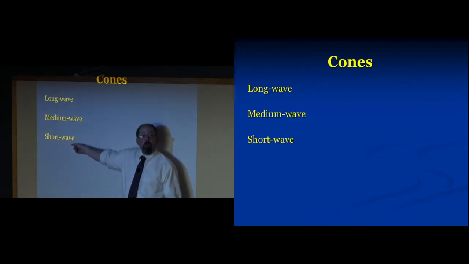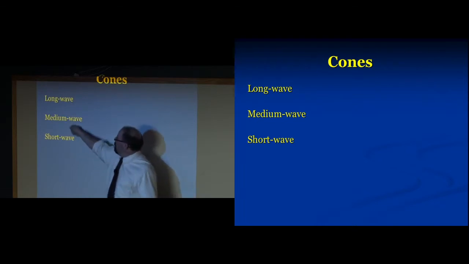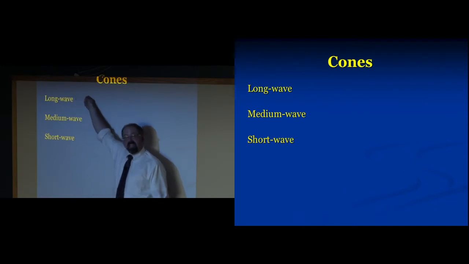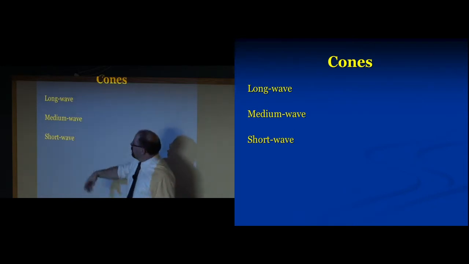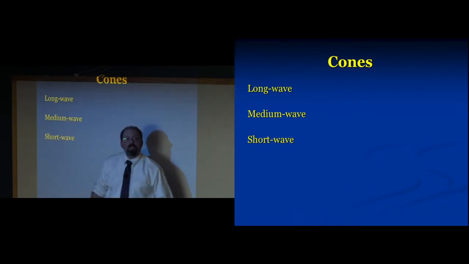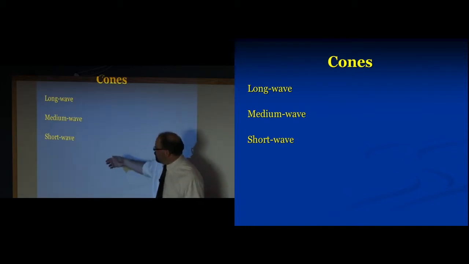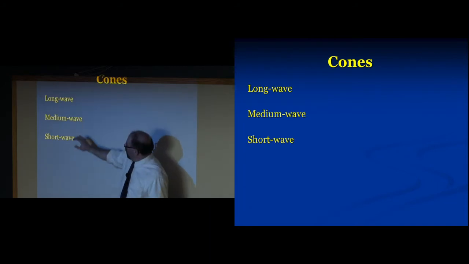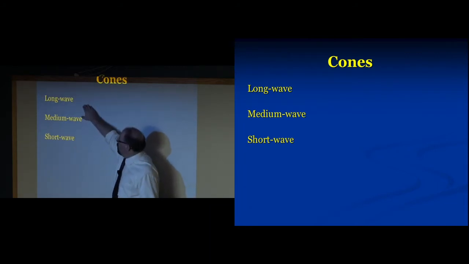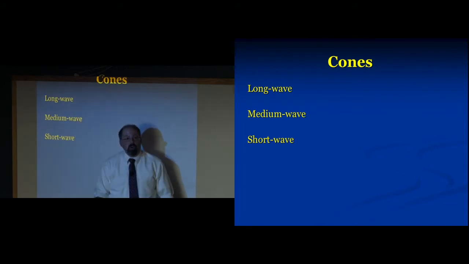Hopefully you remember 410. Here we're talking about violet. Long wave, about 770, red. So basically red, green, blue is what they used to be. Sometimes I'm going to slip and still call them red, blue, green, but more properly, and I want you to remember, I'm talking about long, medium, and short wave cones.